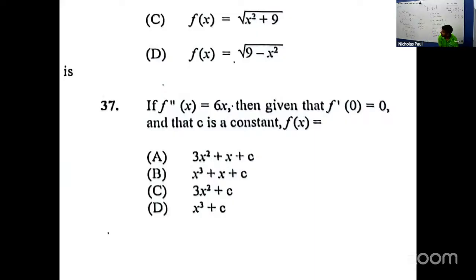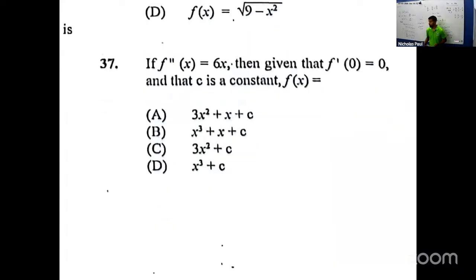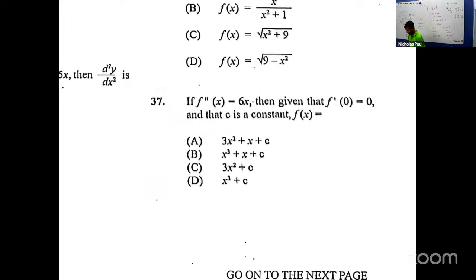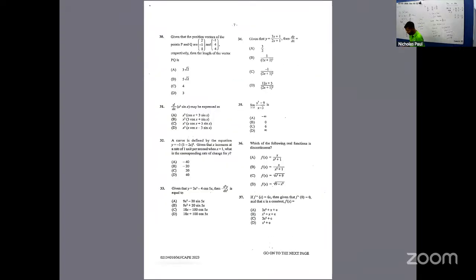You only have 9 minutes. Hurry up, move fast. Oh, quick. What is that there? 37 is what? Oh, that one is integration. Alright, that's integration.